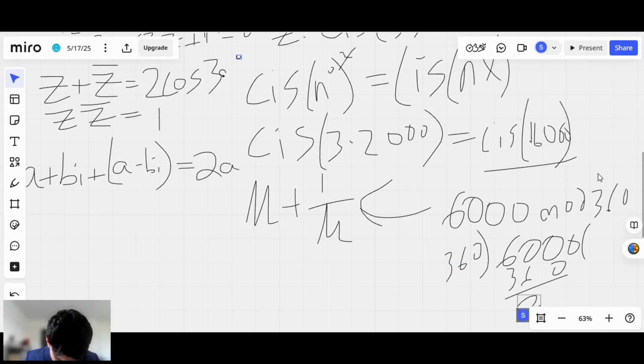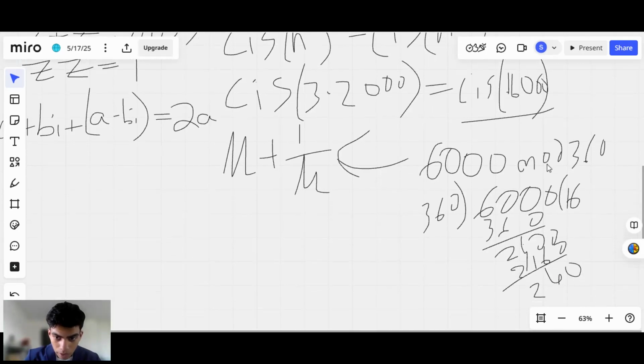We know that 360 times 16 is 5,760, and subtracting that will give us 240 as our remainder. So that means that cis of 6,000 is equal to cis of 240.